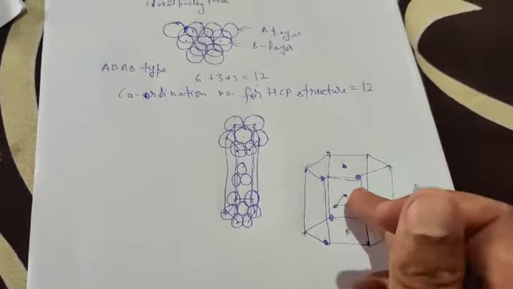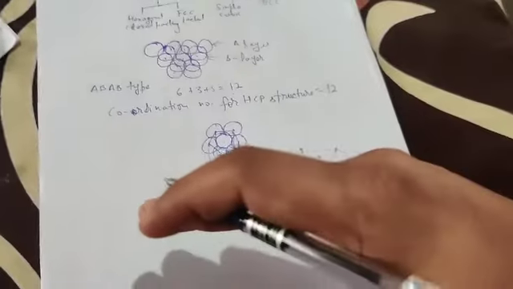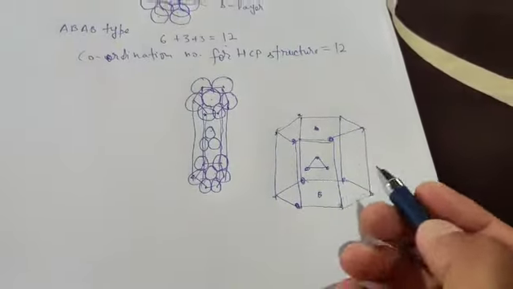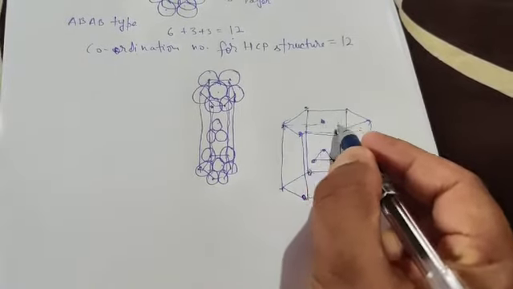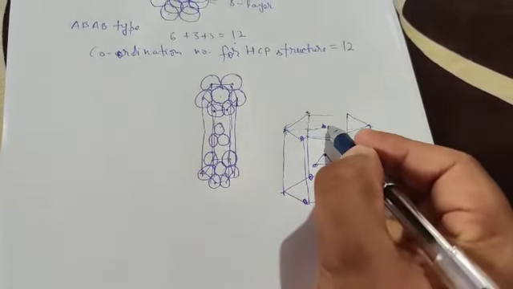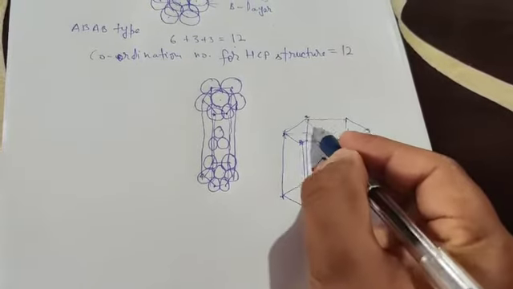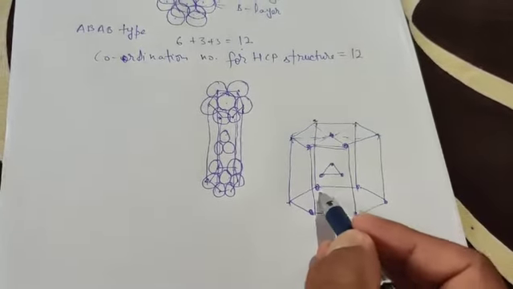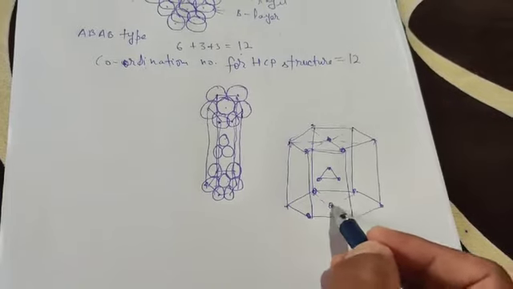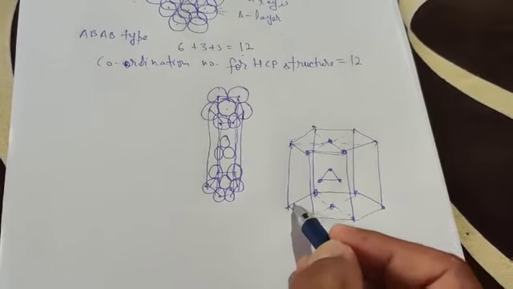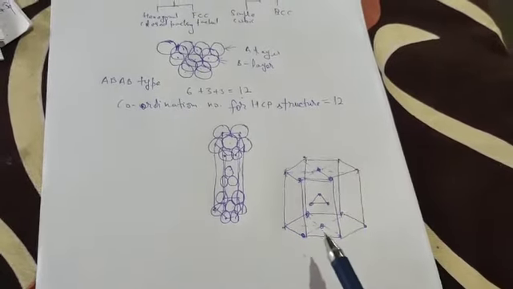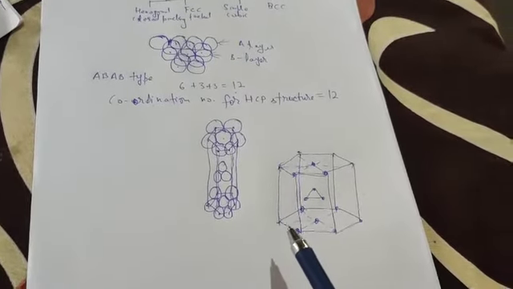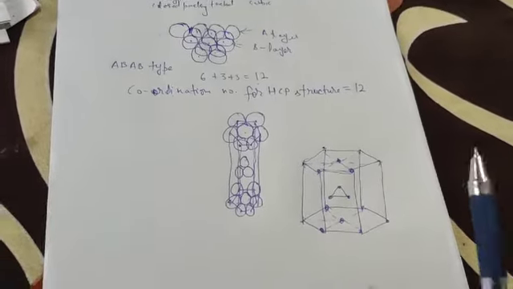This plane is also like this. Join these. So this is the unit cell for the hexagonal closed packing structure.